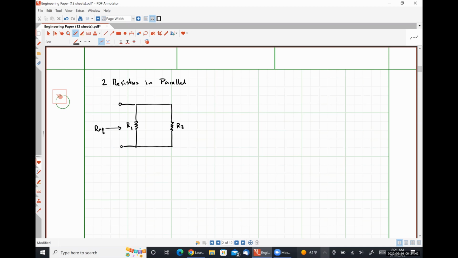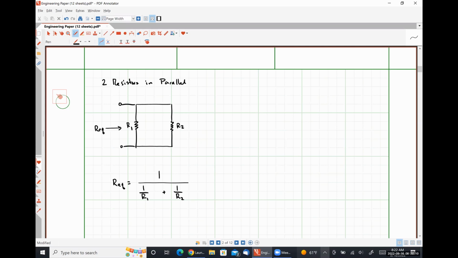Using the expression that we just derived, the equivalent resistance that we would see should be 1 over 1 over R1 plus 1 over R2, which is absolutely correct.